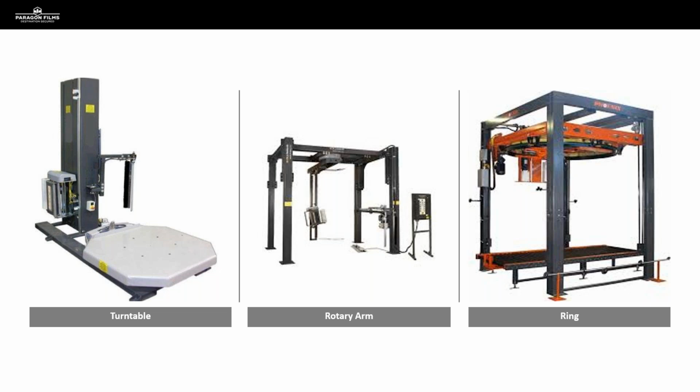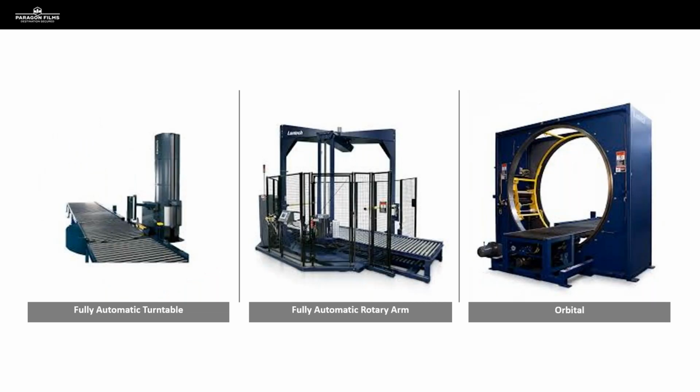Because of those rotational speeds and because of the equipment, you get a different type of containment. So it's important to understand, when we're out in the field and working on this equipment, how the equipment itself might impact the containment levels and the containment performance of the film and the overall on pallet stretch.